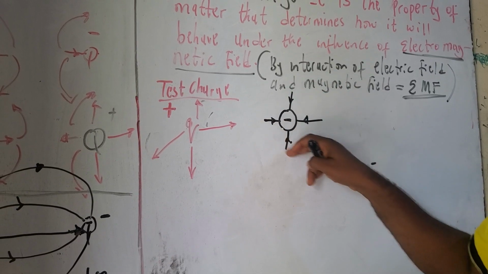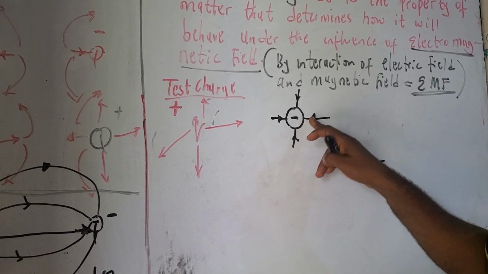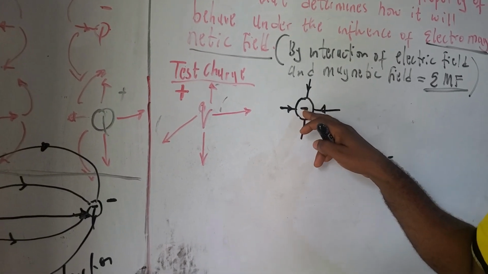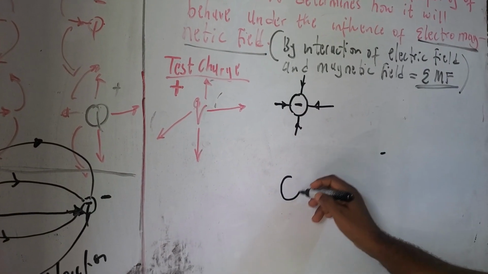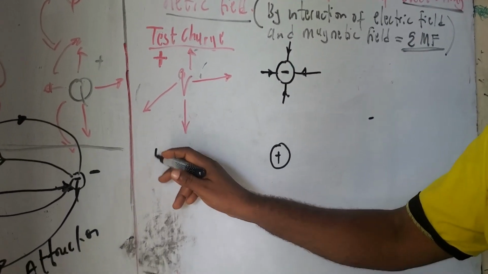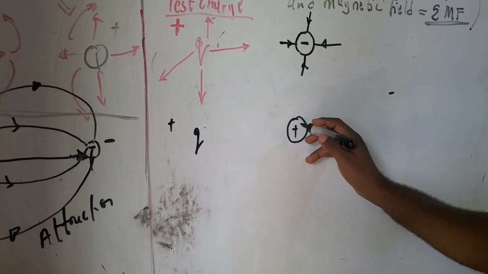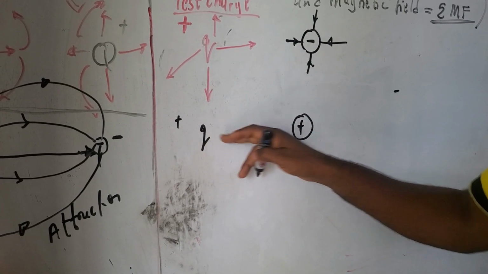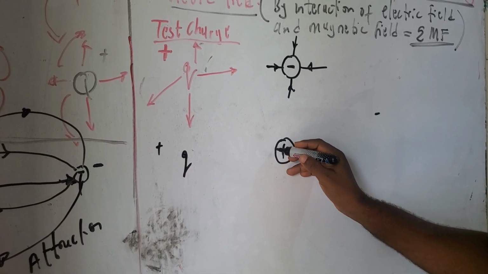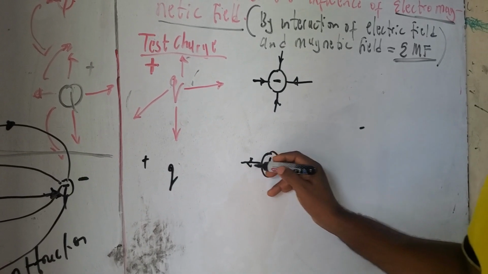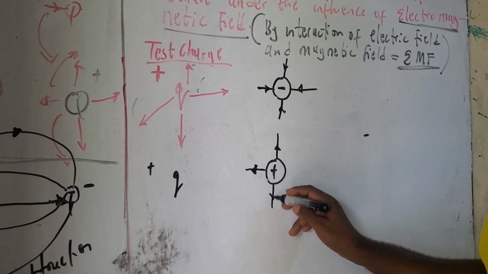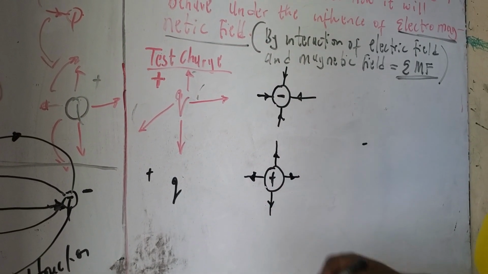That's why this negative charge has the field radially inward. Now instead of having negative charge, let me say I have a positive charge, and the test charge is always positive, and we know that there will be repulsion. That means the test charge will be repelled away from this positive charge. That's why the line of force is radially outward from the positive charge.